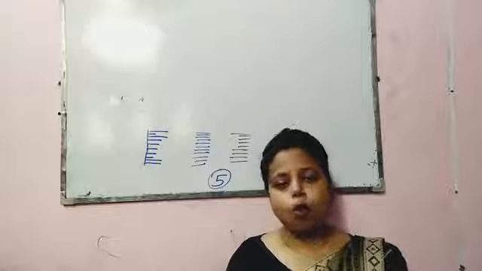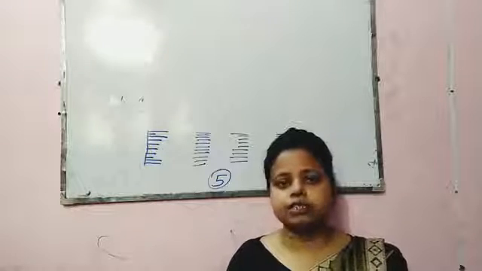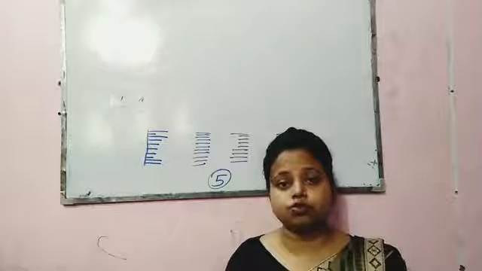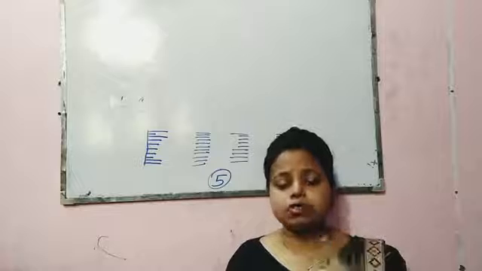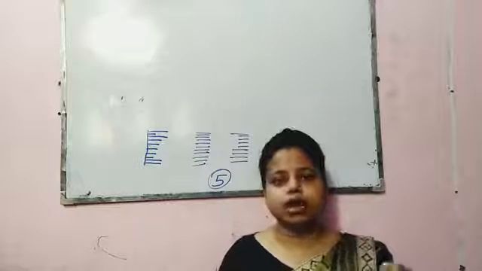In uppercase, all the letters will be in capital. In lowercase, all the letters will be in small. Capitalize each word means each word, just keep it in your mind. Just like I have written, this is a cat.